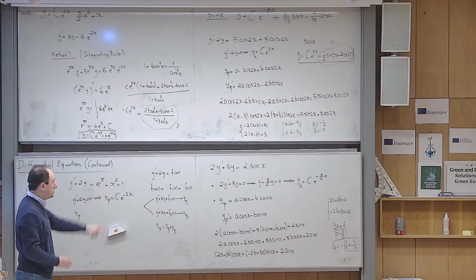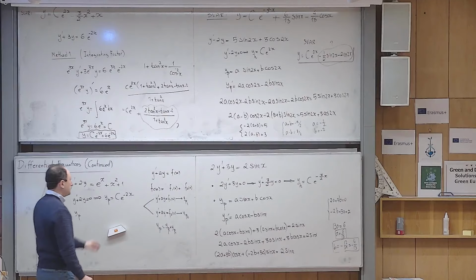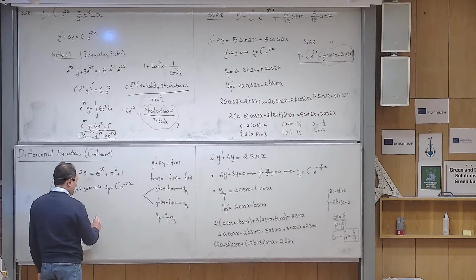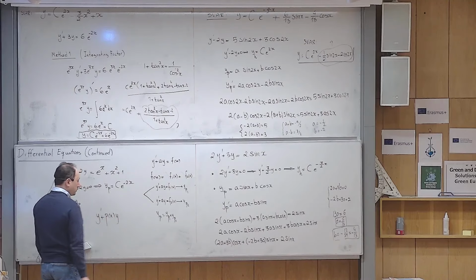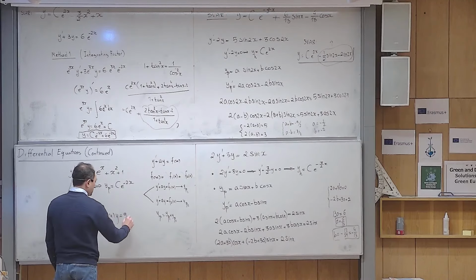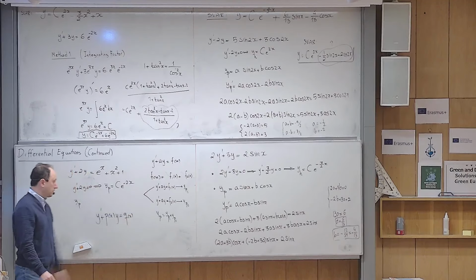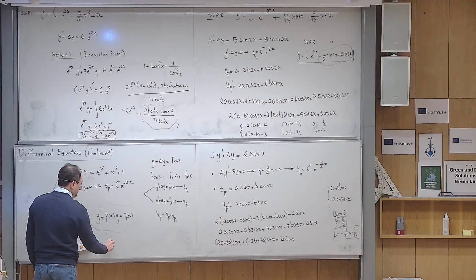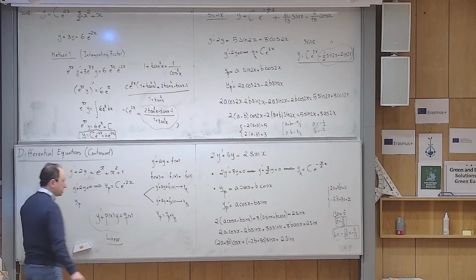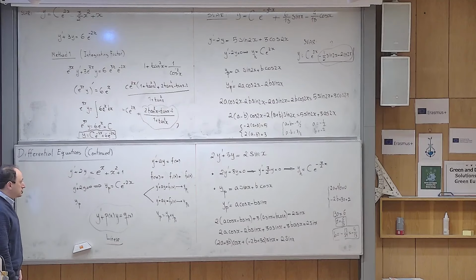A linear differential equation is of this form: y prime plus a function of x only at most multiplied by y equals another function of x. A differential equation of this form is linear. And if you have a linear differential equation, what Rasmus said is correct.